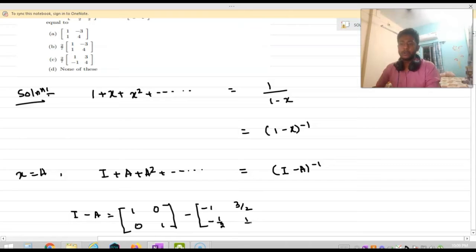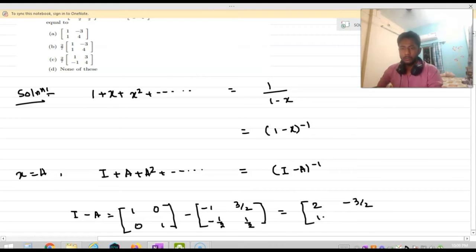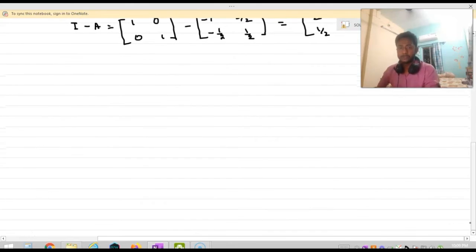If we subtract this matrix from this matrix, we will get 2, minus 3 by 2, half and half. So this is our I minus A. We have to find its inverse.